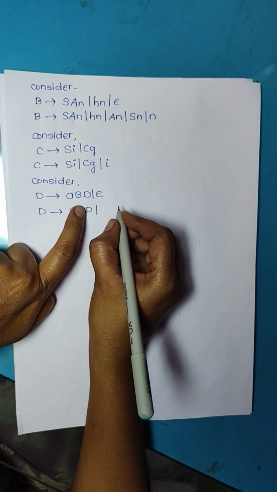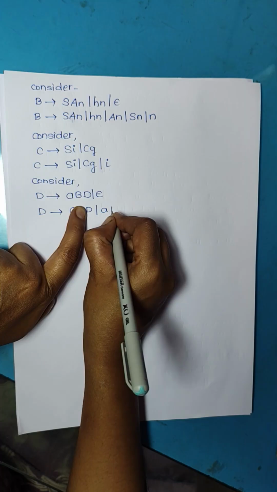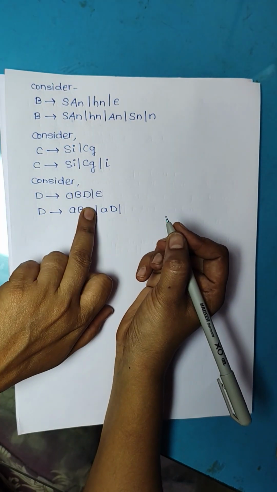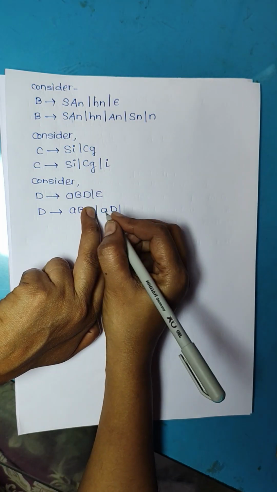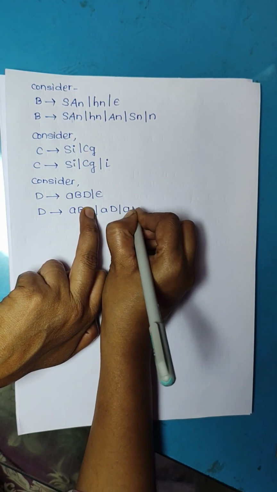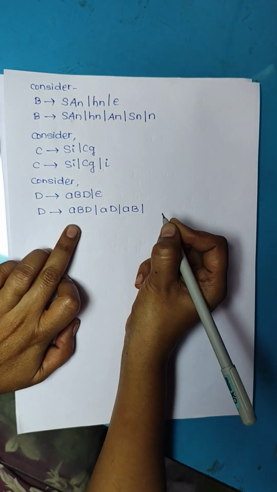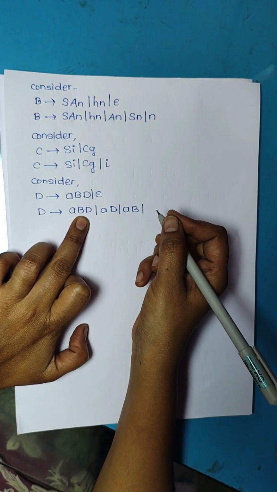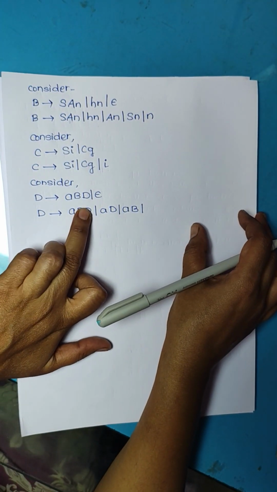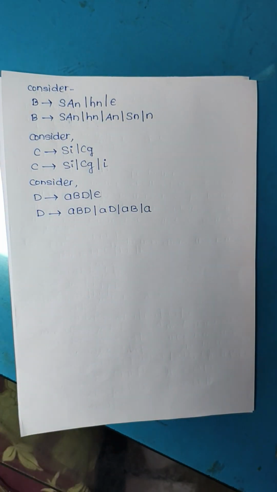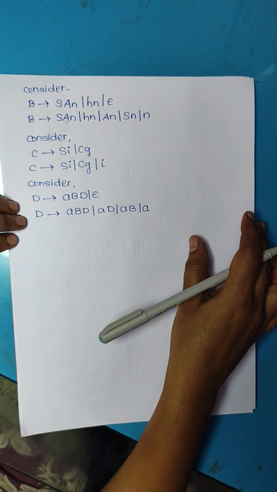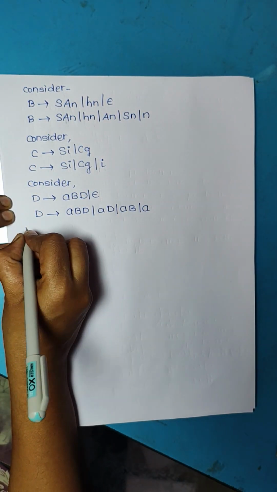So instead of this B, we have to replace epsilon. So A, D will be remaining. D is also a nullable symbol. That's why here we have to replace epsilon instead of D. What will be the remaining? A, B. And B and D both are nullable symbols. So instead of B, D, we have to replace epsilon. What will be the remaining? A will be remaining. In this way we have to remove the epsilon production from the given grammar.